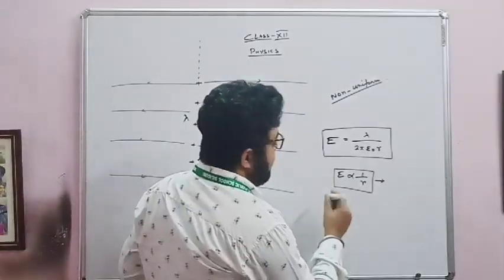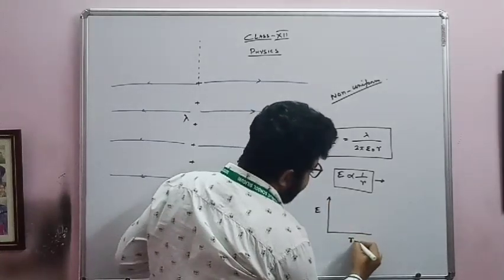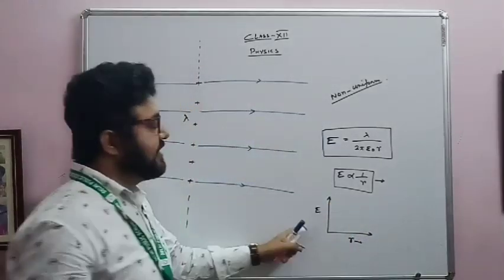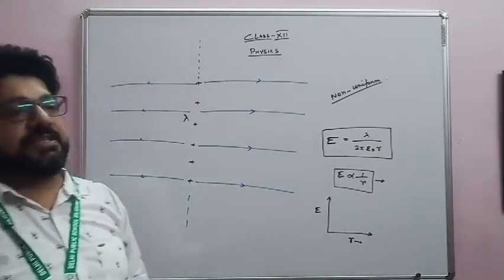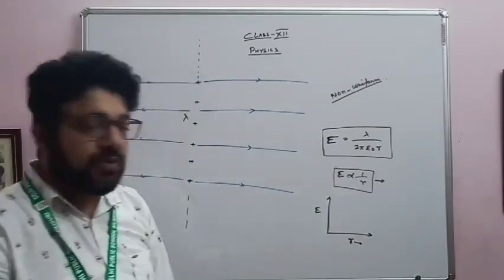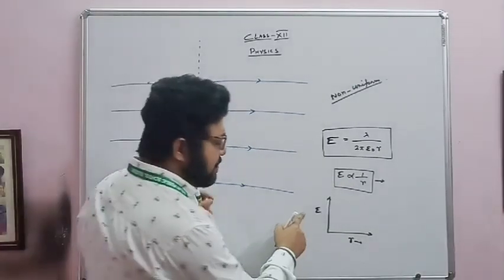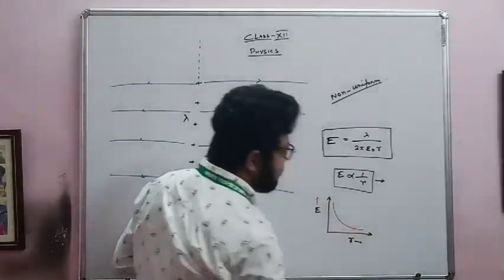They can ask you to draw the electric field versus distance or position graph for an infinitely long line charge. So it's very simple. See, E is inversely proportional to r, and as E is inversely proportional to r, we know the graph is hyperbolic. What do you mean by hyperbolic?